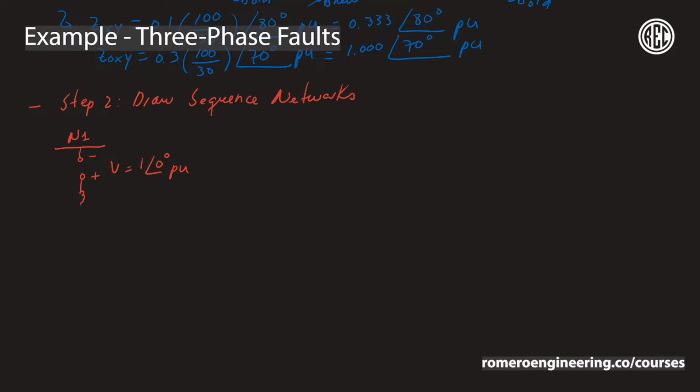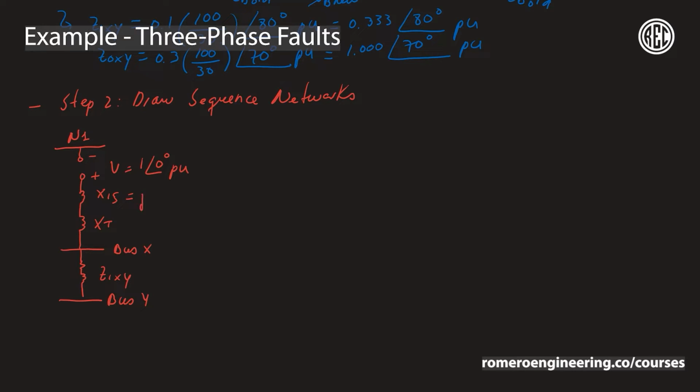So the source impedance of the system, then we have the impedance of the transformer. Then here we have our bus X. Then we have the feeder. And then we have bus Y over here. So again, this is X1S, this is XT, and this is Z1XY.